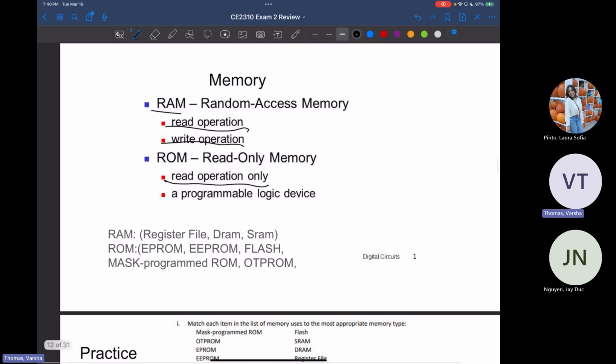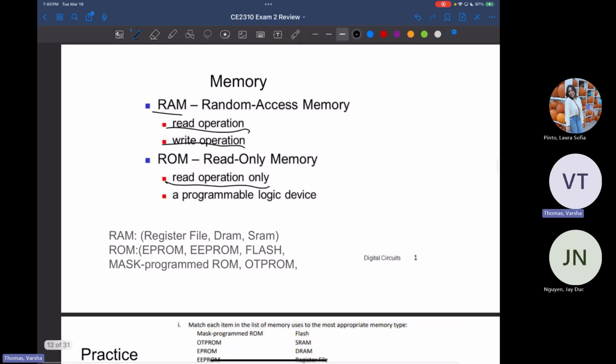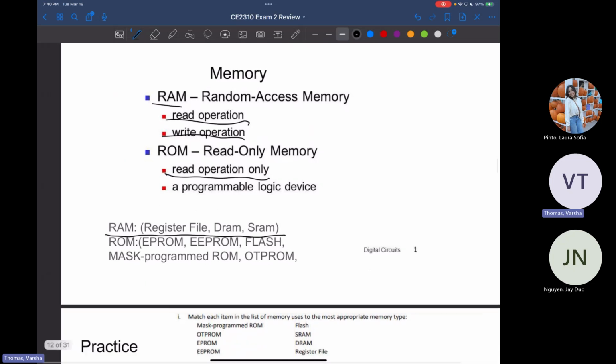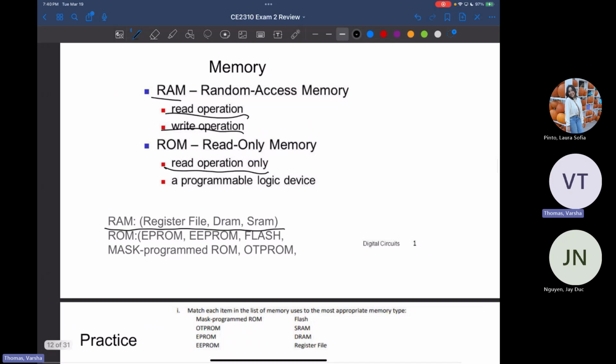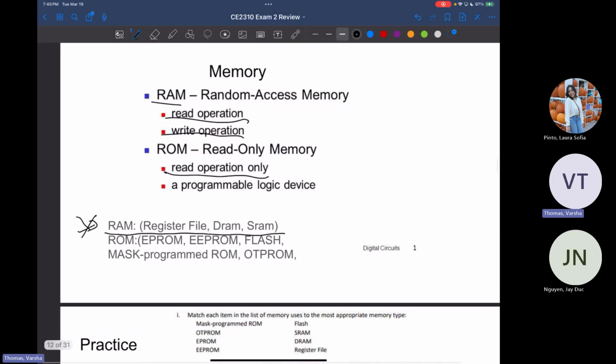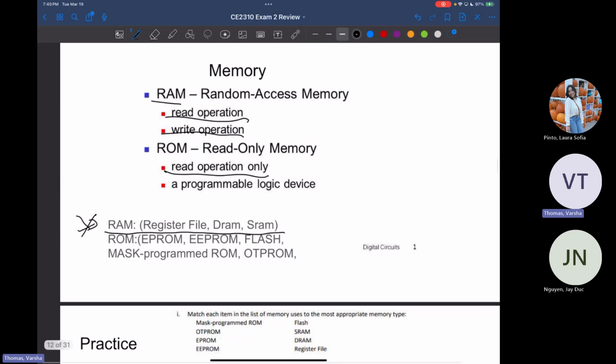And the way I think about the problems is that I keep in mind that RAM has register files, DRAMs, SRAMs, and they only work with power. If power is lost, these will not be working. While ROM, sorry, let me rephrase this.